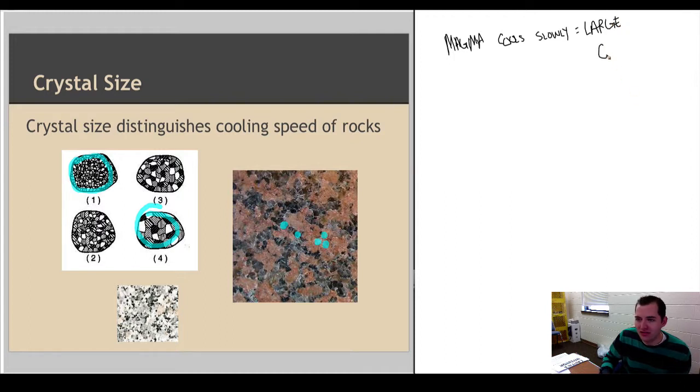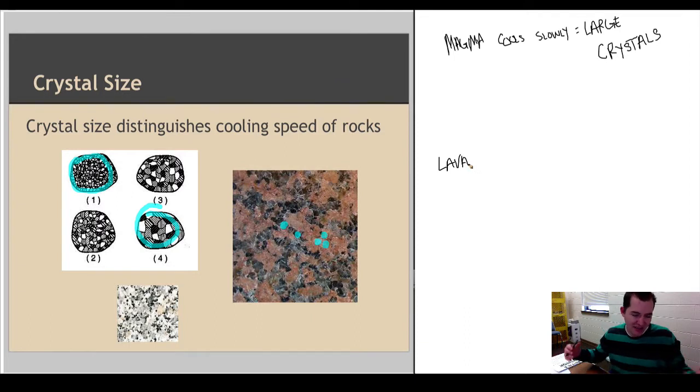And conversely, if we're talking about lava, and lava is above ground and exposed to the air, we can think of the ground as being like a blanket. You cool off slower underground, under a blanket. When that magma is underground, it cools slowly. If you were to take that blanket off, you would cool more quickly.